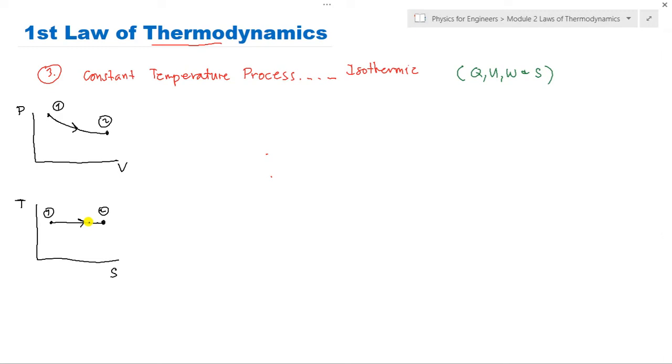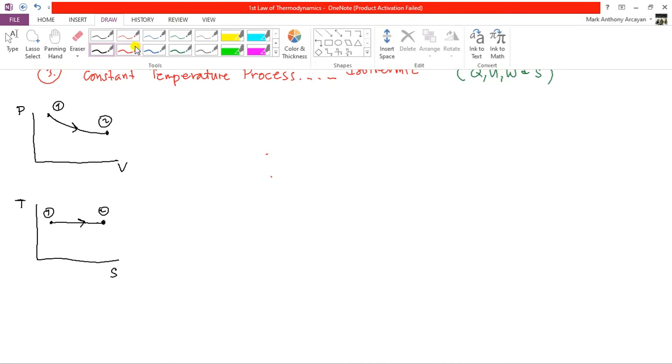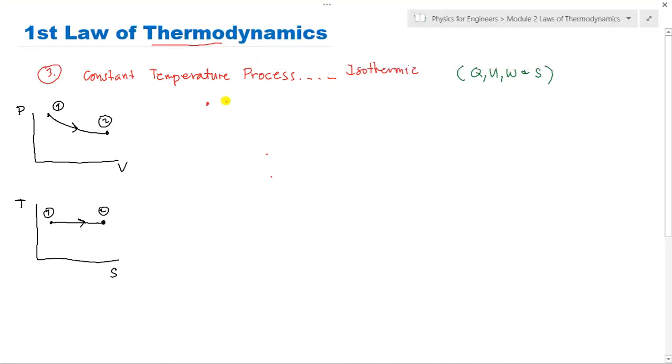So here for an isothermal process, let's define again what Q, the internal energy, the work, and the entropy are. So let's start with the work. Again, the general formula for work is W equals P dV.